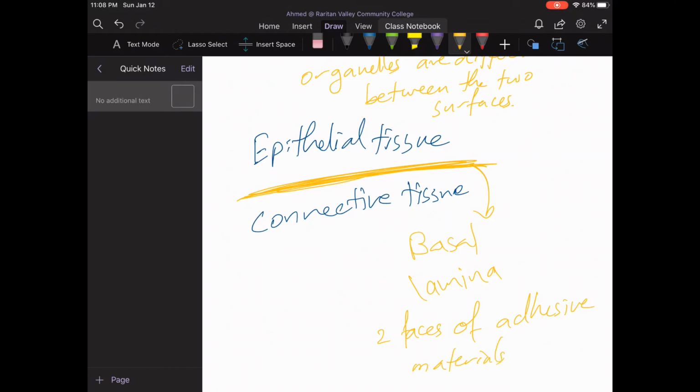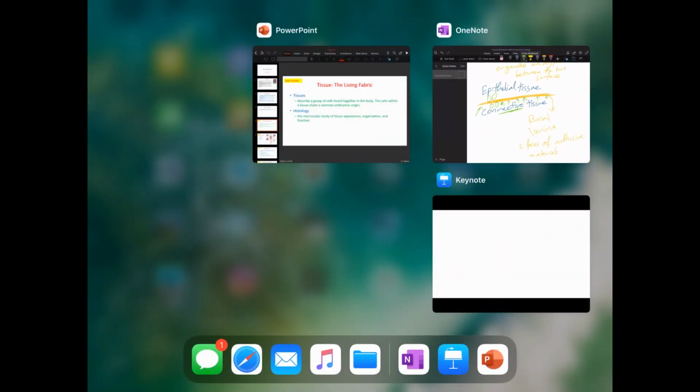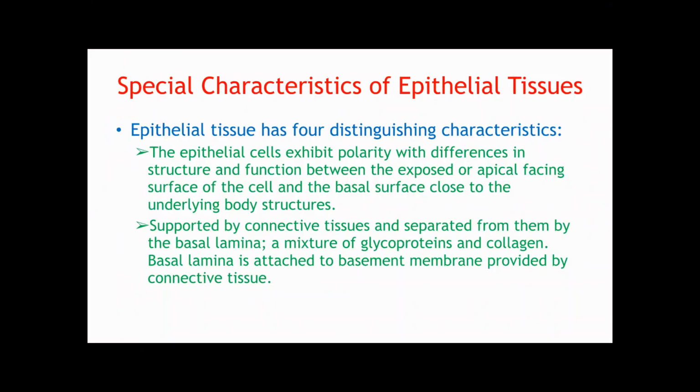So cells would get attached to here and also attached to here. So this is kind of supporting the epithelial tissues, because epithelial tissues usually are not very strong. They need a connective tissue to support them. Okay? So that is the second characteristic.